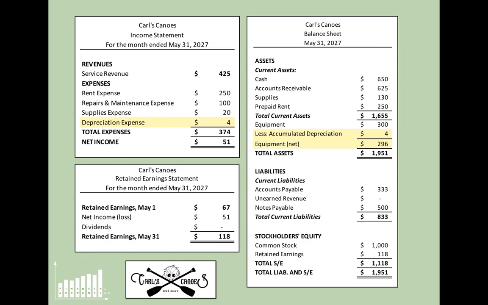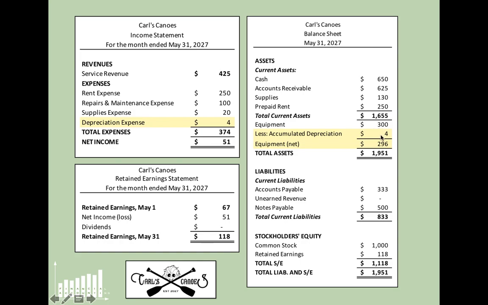And then his balance sheet, here's where we have something new, okay? We have our current assets. Nothing's really changed there other than the balances. Under equipment, we have $300 for equipment. We are taking out depreciation of $4. It is a contra account, so it must be subtracted.